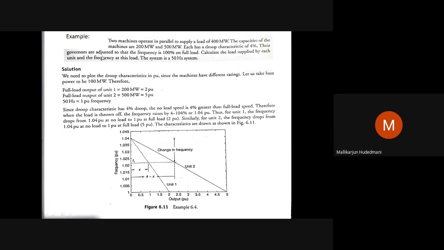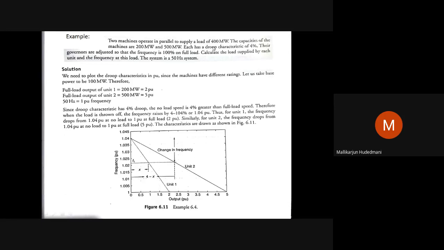Their governors are adjusted so that frequency is 100% on full load. Governors are managing to keep the frequency 100%, whatever the PU they want, 50 or 60. Calculate the load supplied by each unit and the frequency at this load.